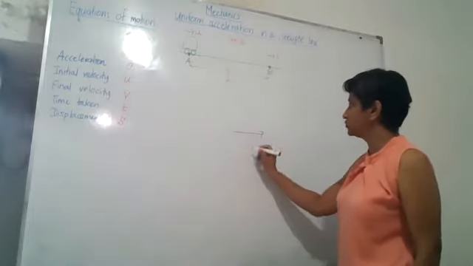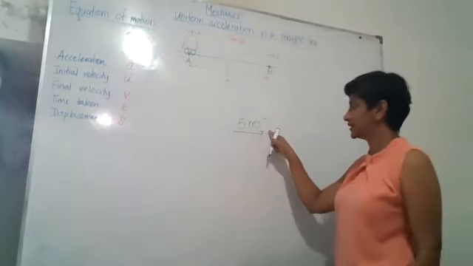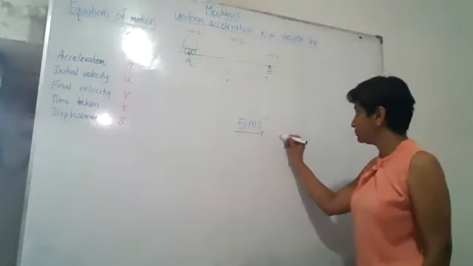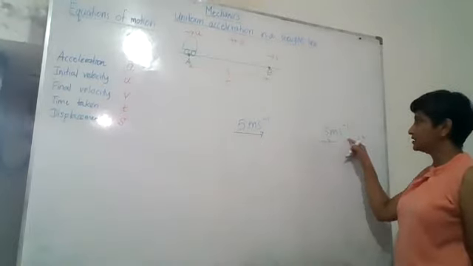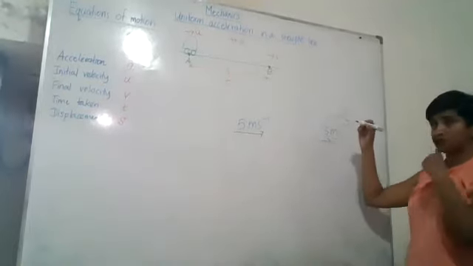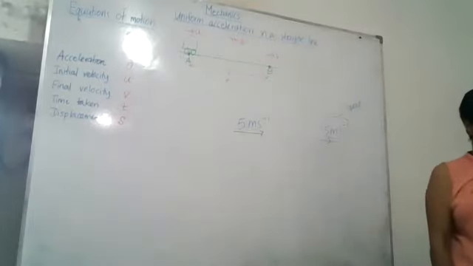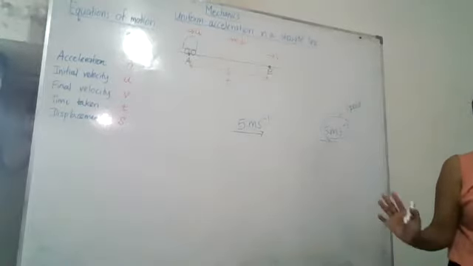You could be moving at the same speed, same value. For example, say a car is moving at 5 meters per second in this direction. If you keep moving in the same direction at the same speed, this is the speed. Note the word I'm using, speed. It means I'm just talking about the value of how fast you are moving, not the direction.